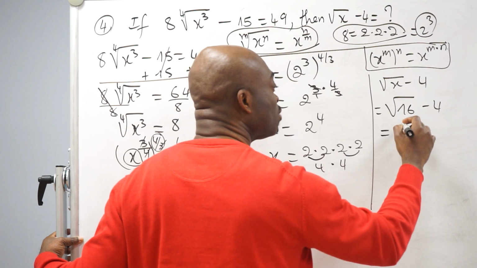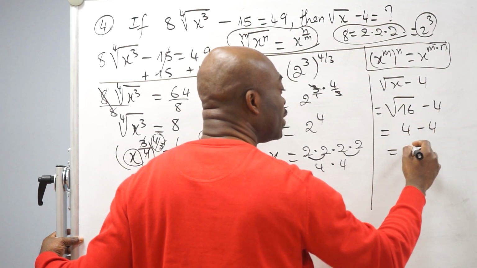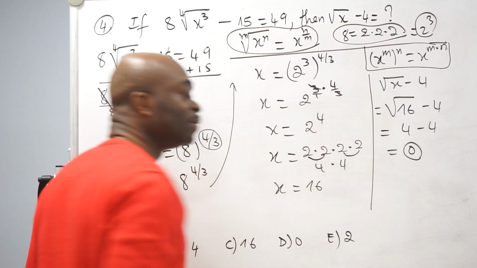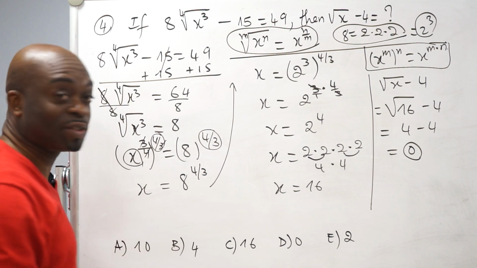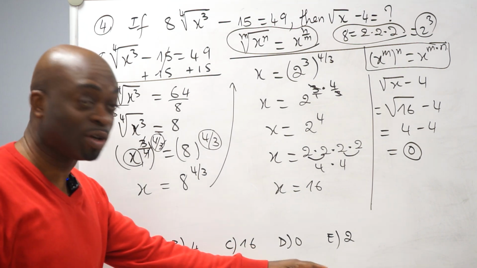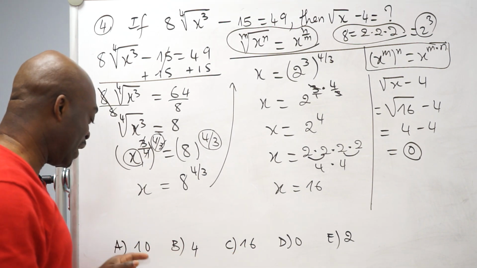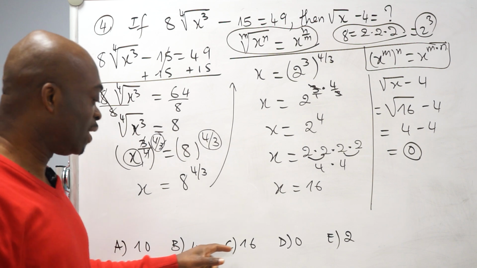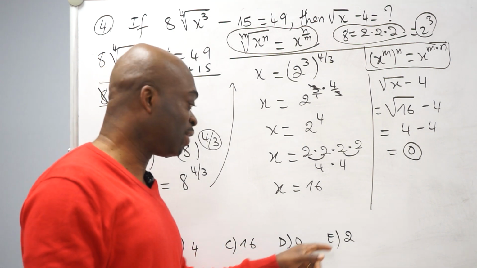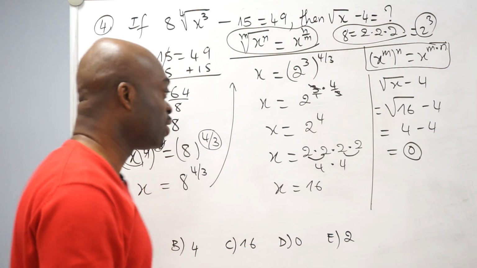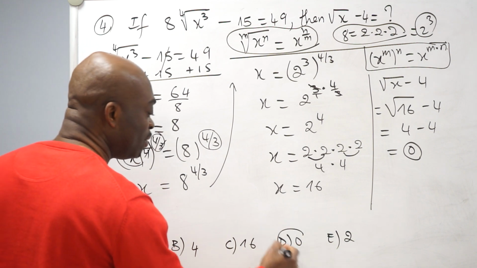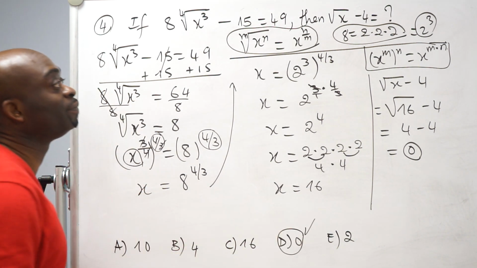The square root of 16 is 4. Then 4 minus 4 equals 0. That is the final answer that you're looking for. When you look at your possible answers here, A 10, B 4, C 16, D 0, and E 2, which one is it? It's D, which is 0.